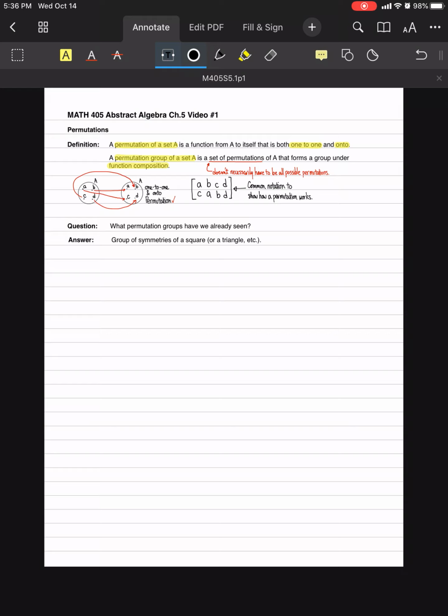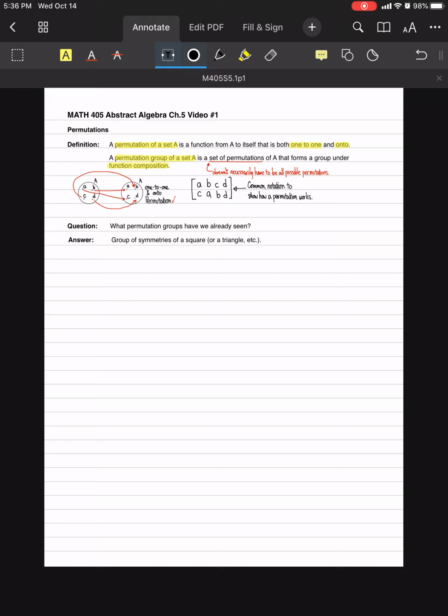So the symmetries of a square, think about it here. You had 4 corners. We even colored them. And what our rotations and flips did was move them from one to another. In other words, the upper left-hand corner, which might start out as pink, would, under the function, become yellow. So your input was pink and your output was yellow.